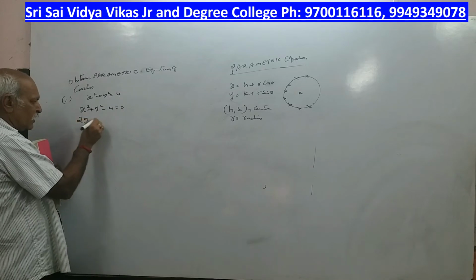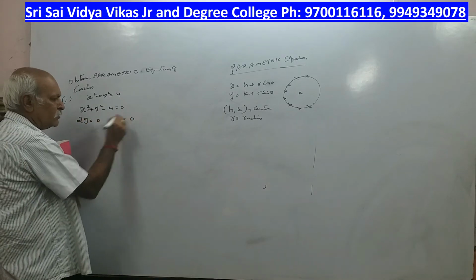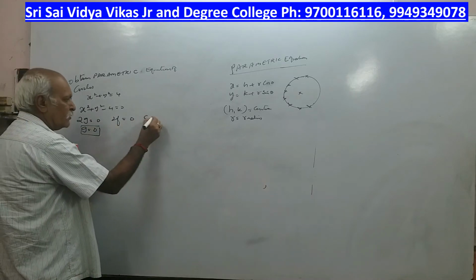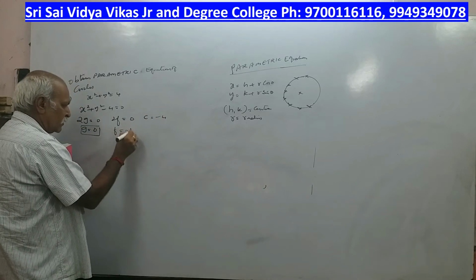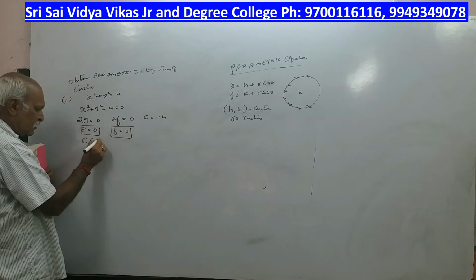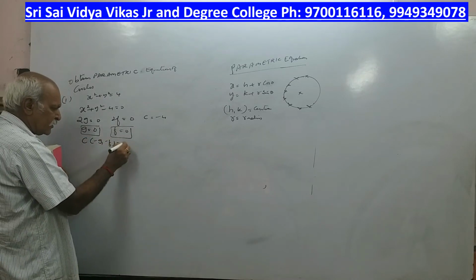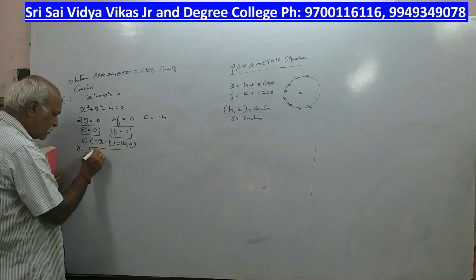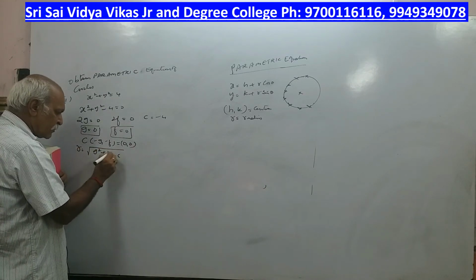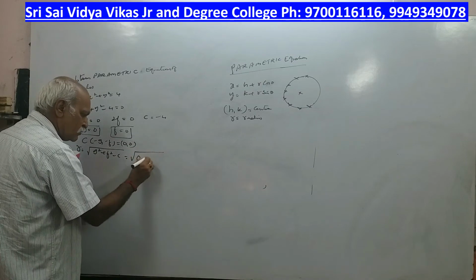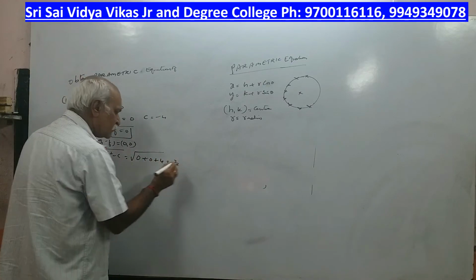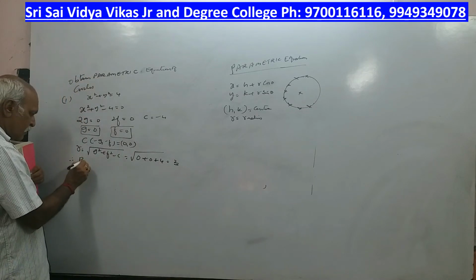So what is the 2g value? 0. What is the 2f value? 0. So g value 0, f value 0 and c value minus 4. What is the center? Minus g comma minus f, which is nothing but 0 comma 0. What is the radius? Root of g square plus f square minus c. So 0 plus 0, c is minus 4, minus of minus plus 4. So how much do we get? 2.